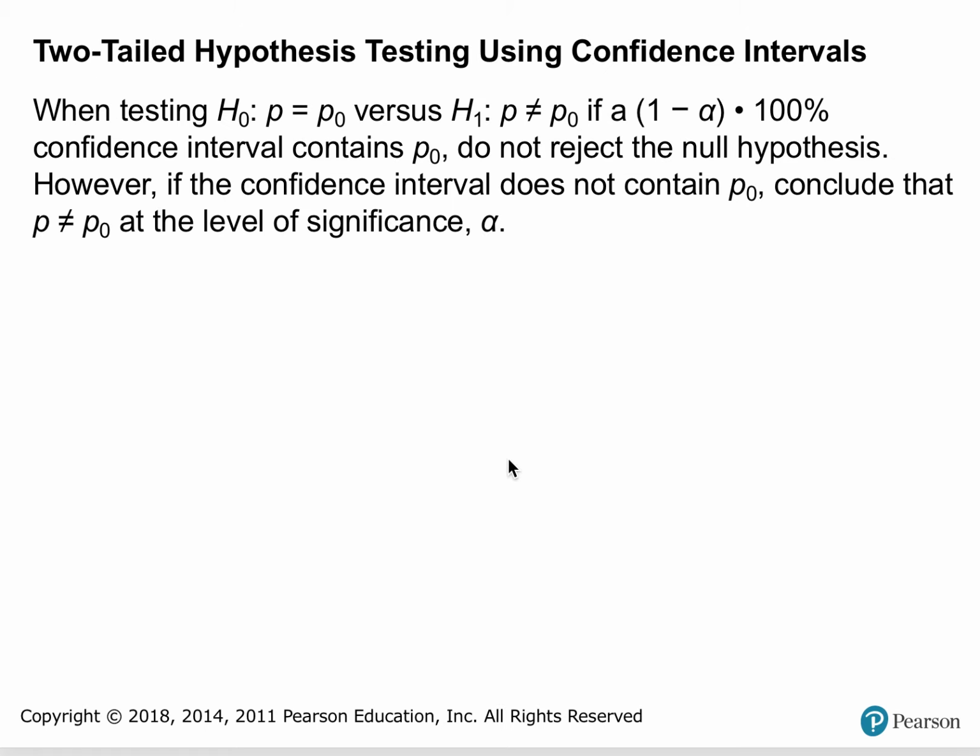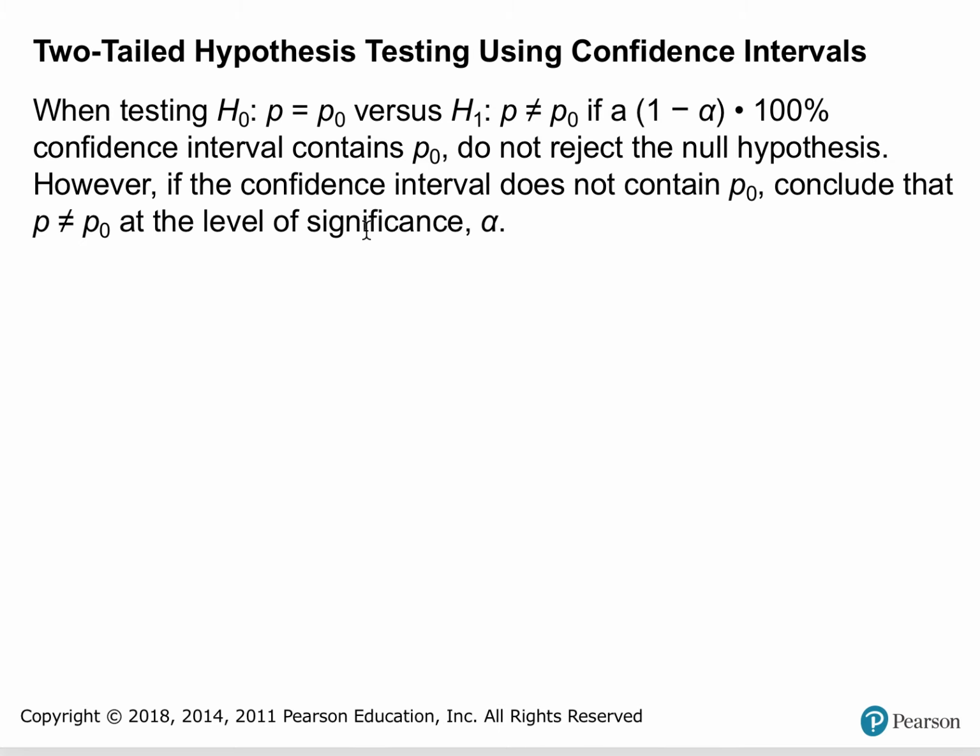Okay. Recall that the level of confidence in our confidence intervals represents the percentage of intervals that will contain the unknown parameter if repeated samples are gathered. So when testing our null hypothesis versus our alternative hypothesis, if a certain percent confidence interval contains P sub naught, do not reject the null hypothesis.